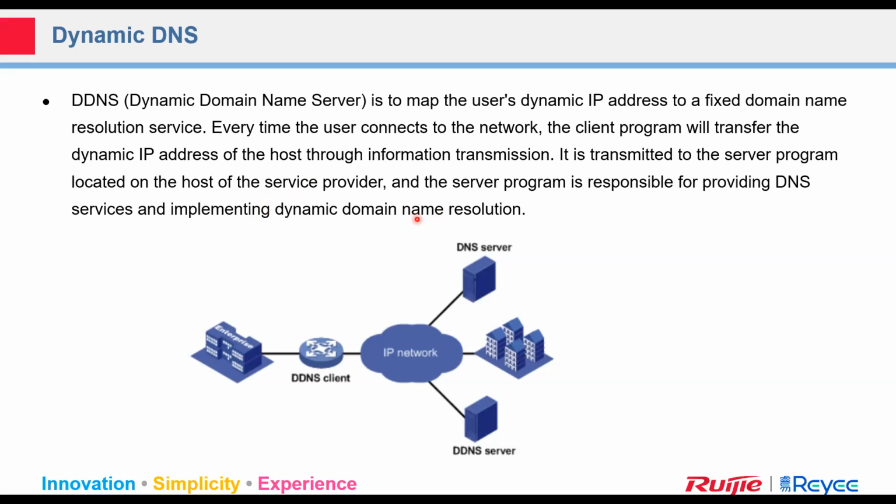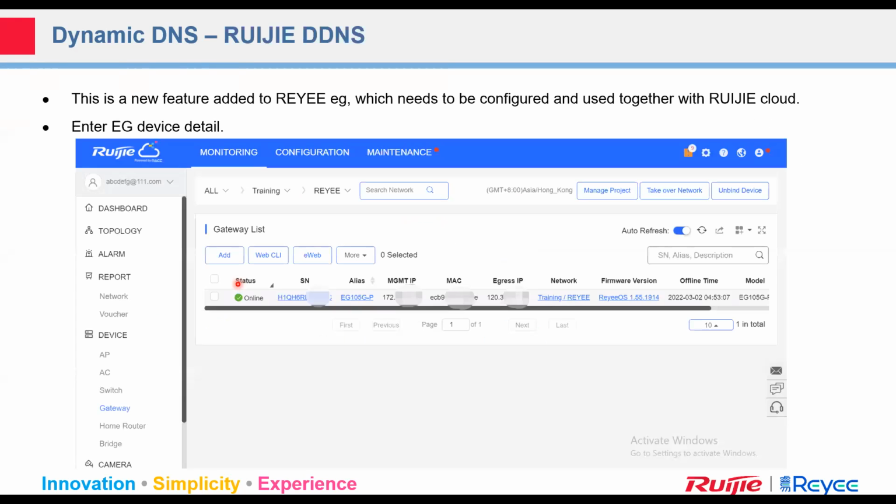What will happen is the server will locate the host of the service provider and do a translation to a service. So this is also implementing dynamic domain name resolution.